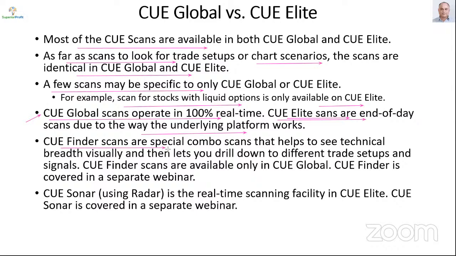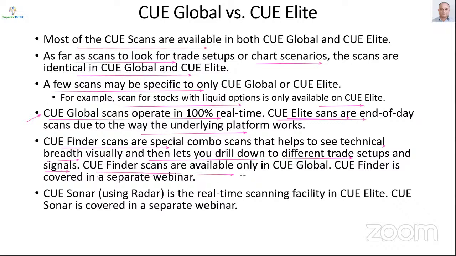Q Finder scans are special combo scans that helps to see technical breadth visually. That's the only way to visualize technical breadth across thousands of stocks. And then after seeing the technical breadth, you can drill down to different trade setups as well as signals.